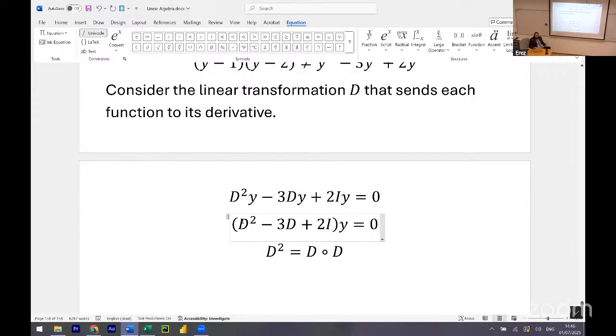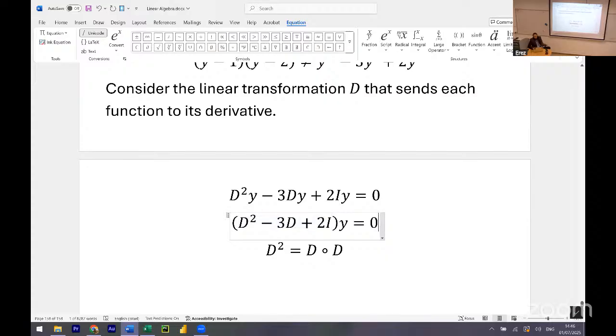So we look at the operations that were applied to y, and we get this. And this is definitely a quadratic function. We can say that it's D minus I times D minus 2I times y equals 0.